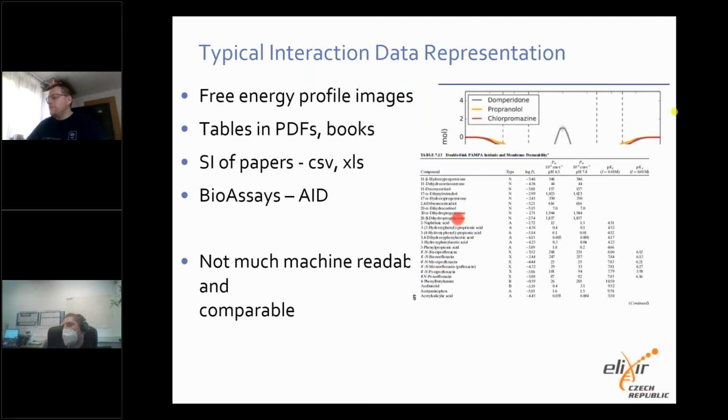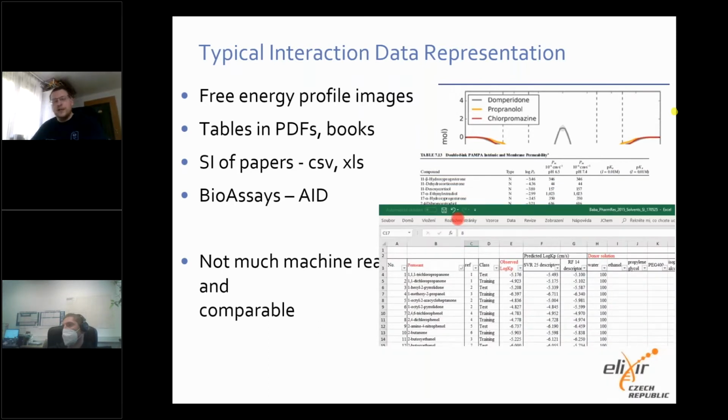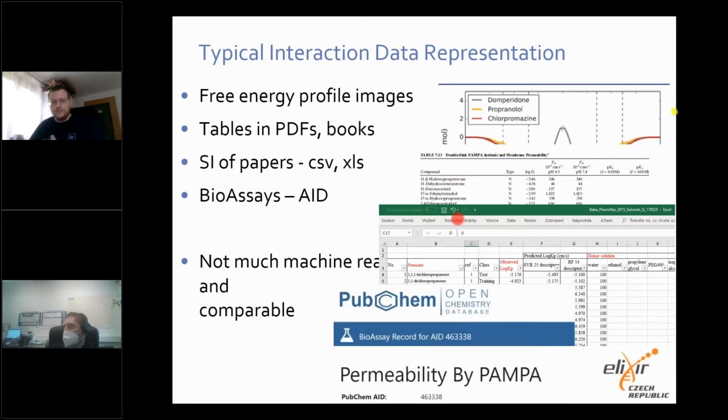If you are lucky, you can get the data from supplementary information in the form of a table. And if you are really lucky, you can get some data from bioassays downloadable from PubChem or ChEMBL or something. But most of these data were not machine readable and comparable to each other.